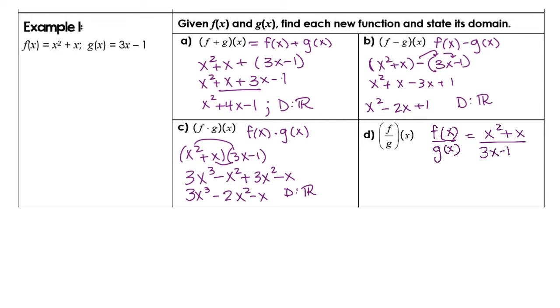Now this is where our domain is going to be restricted because we can't have that denominator equal to 0. So I need to find what number is going to make that 0. And notice we end up with 1/3. So here our domain will be all real numbers except, and then here x cannot be equal to 1/3.